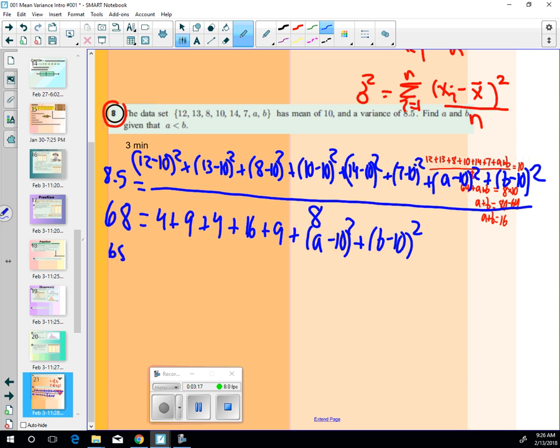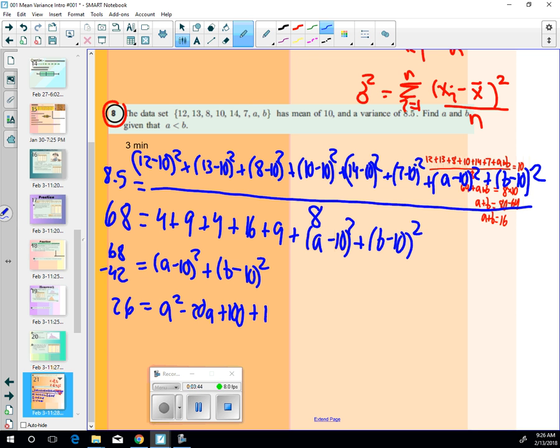So this is going to be 68 minus 42 is equal to A minus 10 squared plus B minus 10 squared. And so 68 minus 42 is 26 is equal to A squared minus 20A plus 100 plus B squared minus 20B plus 100.